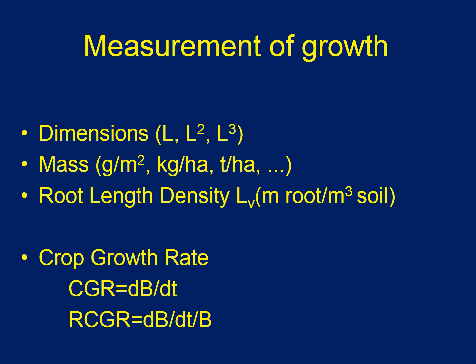And for roots, we measure the root length density, which is the length of roots per unit volume of soil. The crop growth rate, by simple definition, is the increase of biomass per unit time, and relative crop growth rate would be the ratio of crop growth rate and biomass.